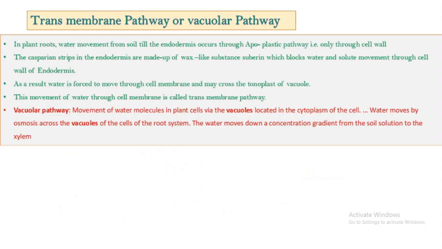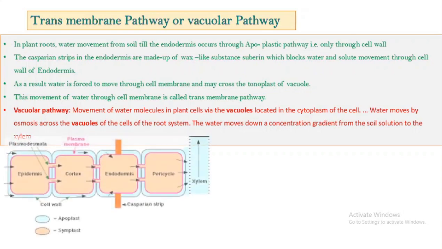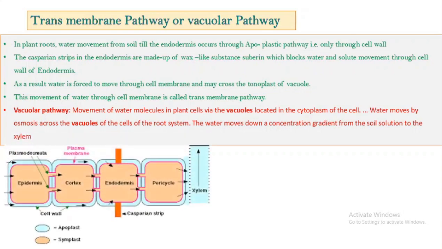And when we see the third type, that is the transmembrane pathway or vacuolar pathway. In plant roots, water movement from soil till the endodermis occurs through the apoplastic pathway, that is only through the cell wall.